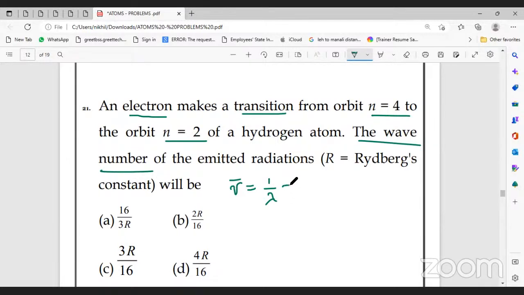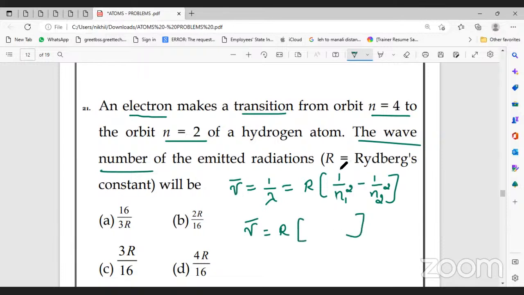You know the formula for 1 by lambda is R into 1 by n1 square minus 1 by n2 square. So nu bar is equal to R. I will keep R as it is. Now the electron is taking a transition from 4 to 2.